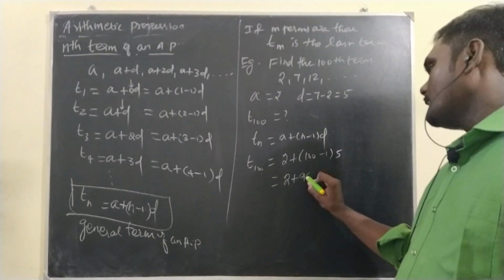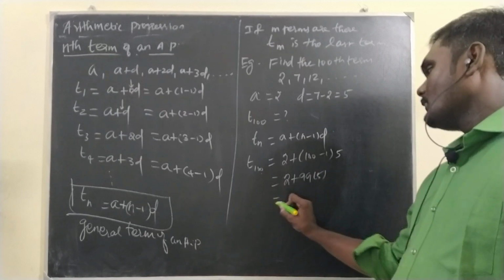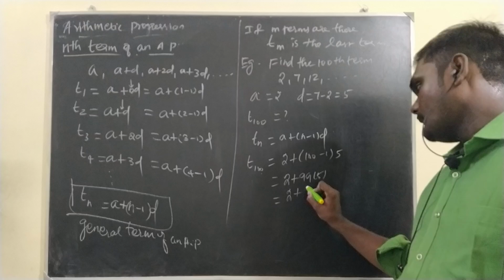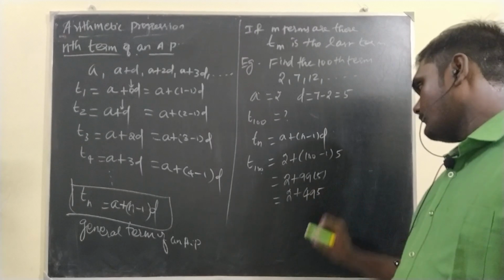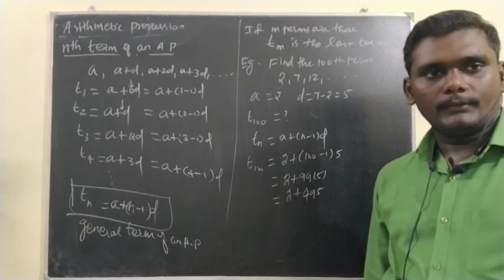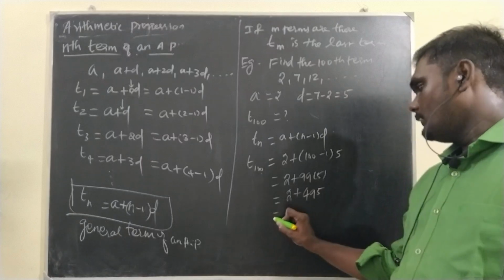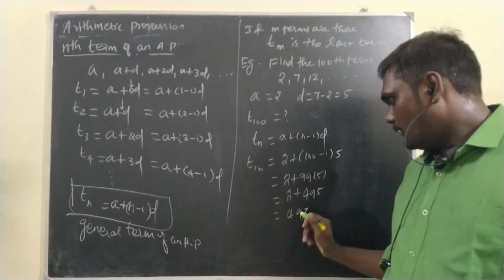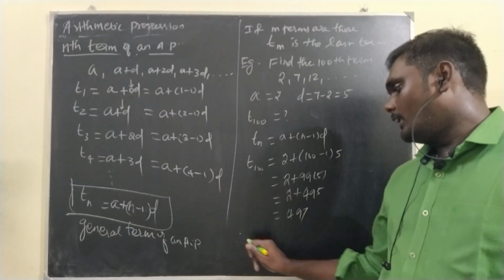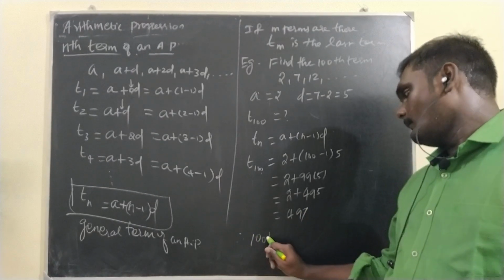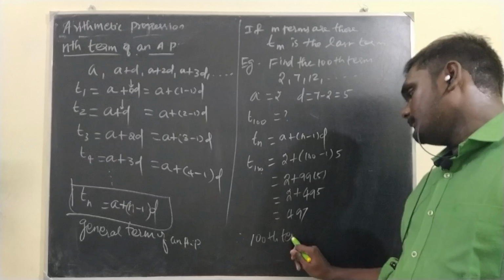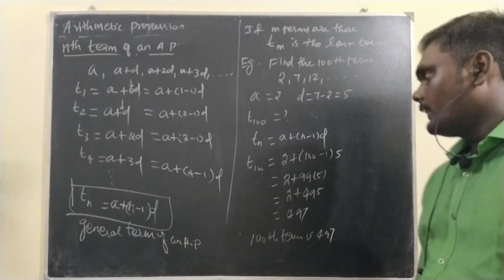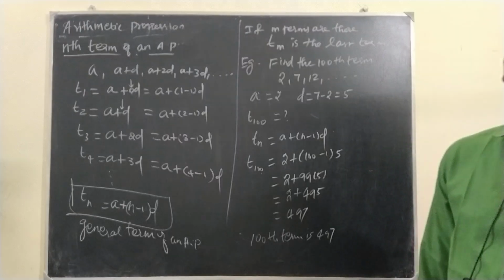So 2 plus 99 into 5. 495, is it? Then our answer is 497. Therefore, the statement is important: therefore, the 100th term of the given AP is 497. Like this, you can write. Got it?